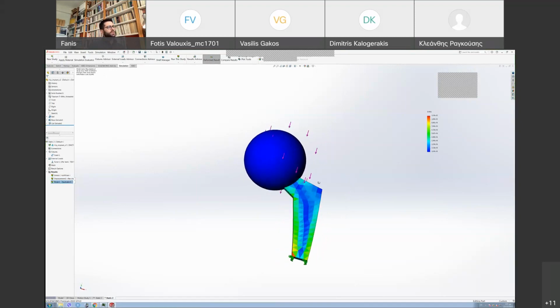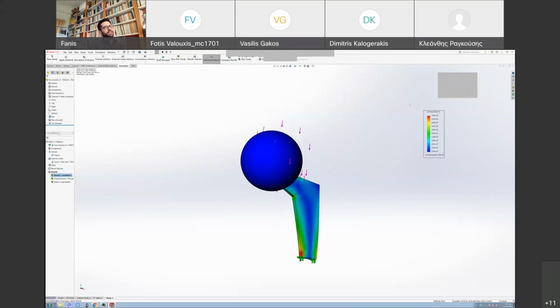But what you can also check is for materials like titanium alloys that have a very specific fatigue strength. You can check here if the maximum stress is above or below the fatigue stress of the material.